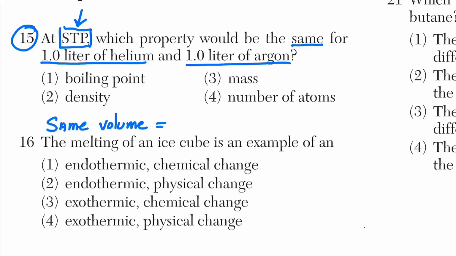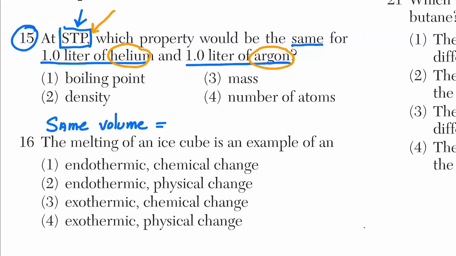This is Avogadro's hypothesis that stated if you've got two different gases, and we do, under the same conditions of temperature and pressure, hey, they're at STP. They're telling you that. They don't have to be at STP, but they have to be at the same temperature and pressure. You're going to have the same number of particles. Same volume, same number of particles.